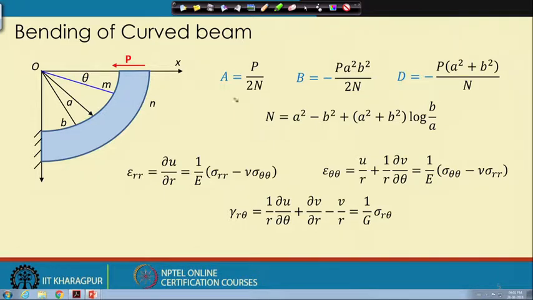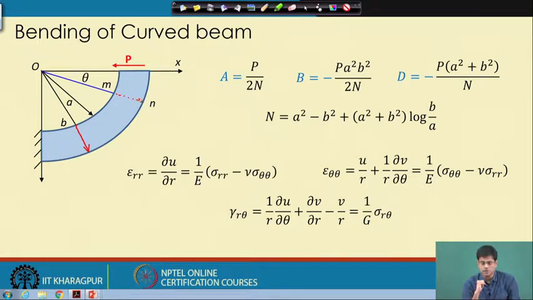These are the constants we used to find the stresses, and they were found by using the stress boundary conditions.